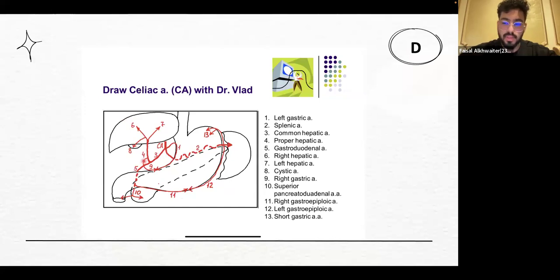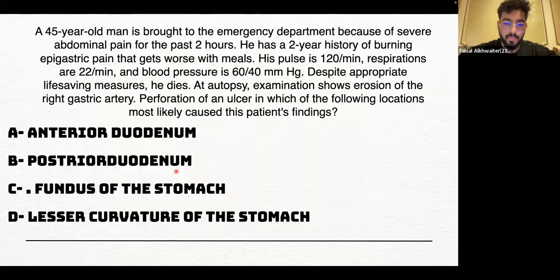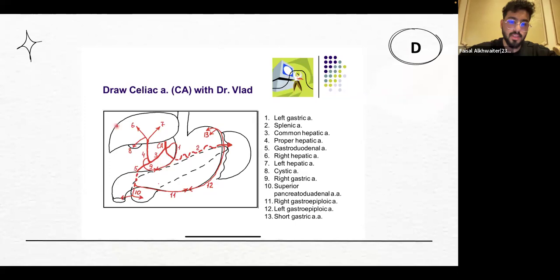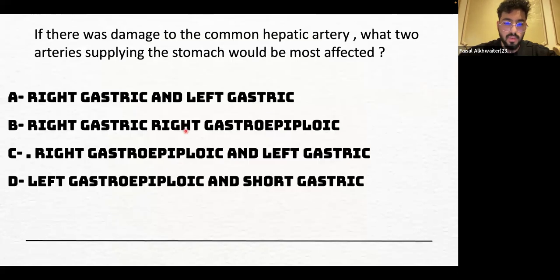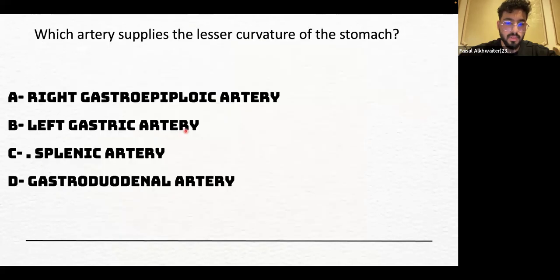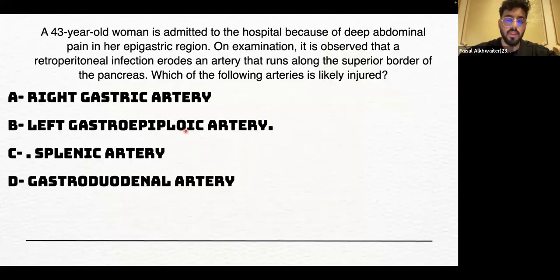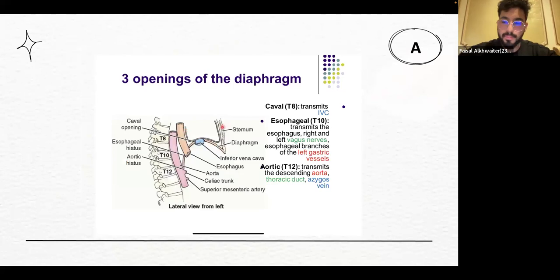The exam questions are going to be around this concept, the blood supply of the stomach. This makes like 80% of the questions for this lecture. You guys need to focus. That's why I put 1, 2, 3. It's really important. And for the esophagus, you guys need to focus on the openings, because they can bring a lot of questions.